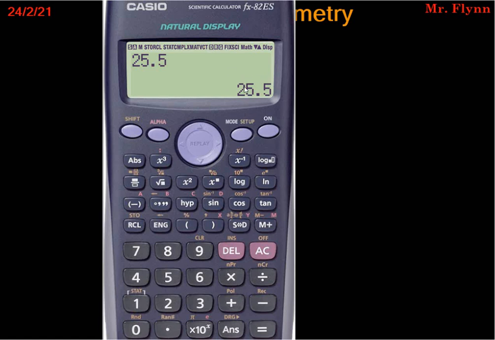If I click this button here, that changes my 25.5 degrees to degrees, minutes, and seconds. So it will change the 25.5 to 25 degrees, 30 minutes, and 0 seconds. If I press it again, it reverts back to degrees. Press it again, degrees, minutes, and seconds.